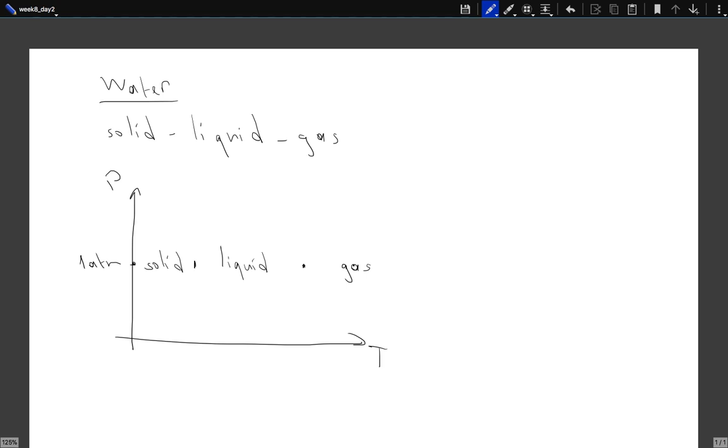At a given temperature, you are not changing the temperature. So if you go to a higher pressure, you have to go to even higher temperatures to obtain the gas phase. And more or less the same thing happens in the solid-liquid phase transition also. So the boiling point changes if you change the pressure.